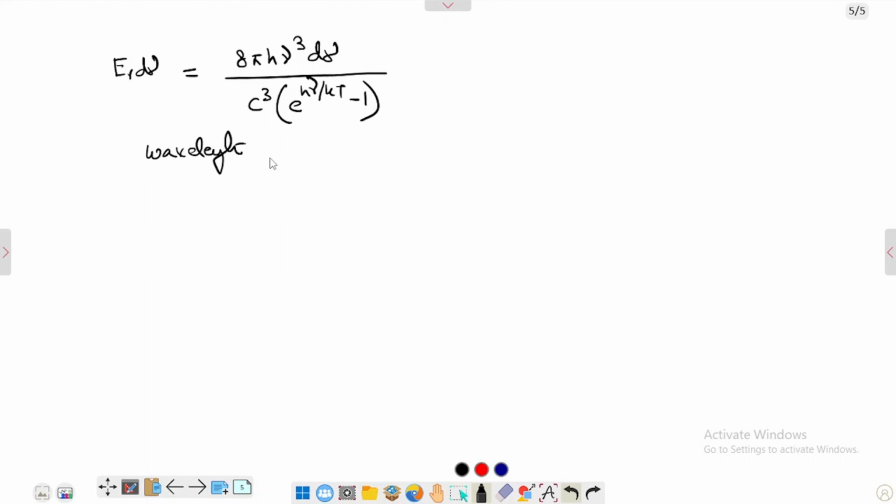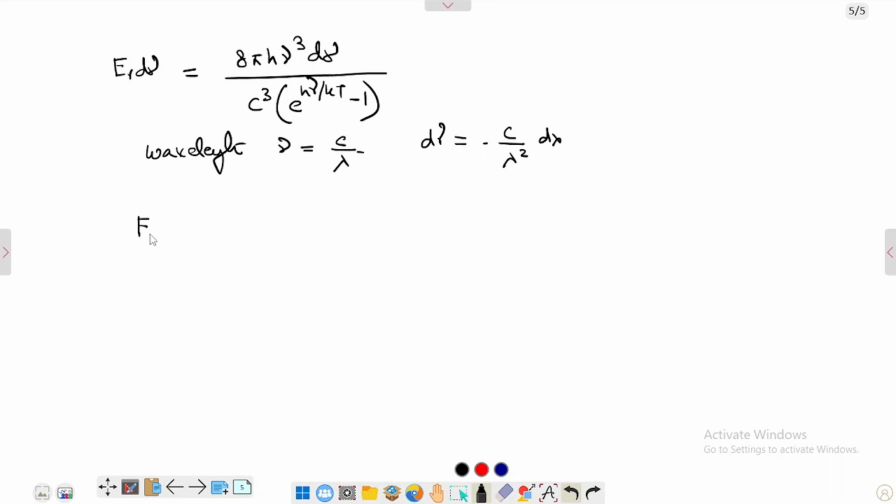First of all, I will write down the equation nu is equal to c by lambda, where lambda is your wavelength. If I find d nu, then I get c by lambda square d lambda. This is your value, and I will take the mod value of this one, so I don't have to take the minus sign.